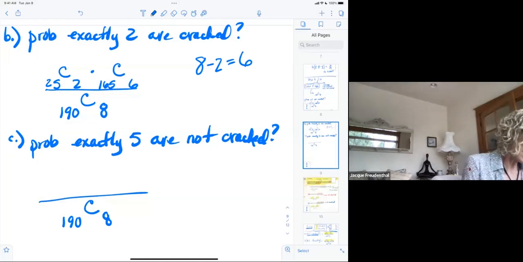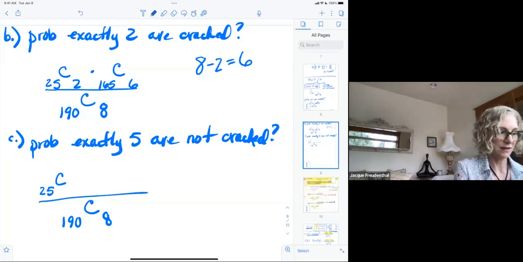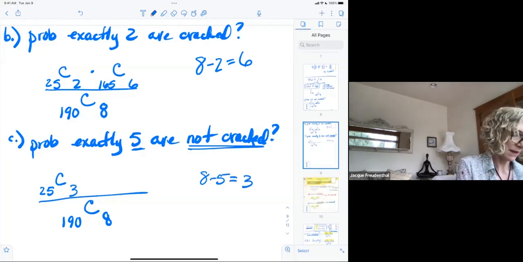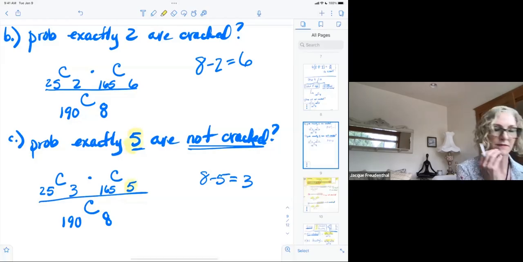Okay, the first one is the cracked egg. So out of 25, how many do we want cracked? Okay, we know we want 5 not cracked. So 8 minus 5 would be 3 that are cracked, times combination of 165 that are not cracked, and I want 5. I want 5 of those. 5 that are not cracked.